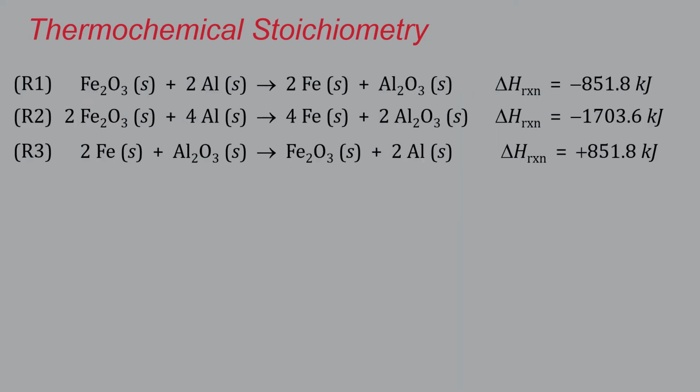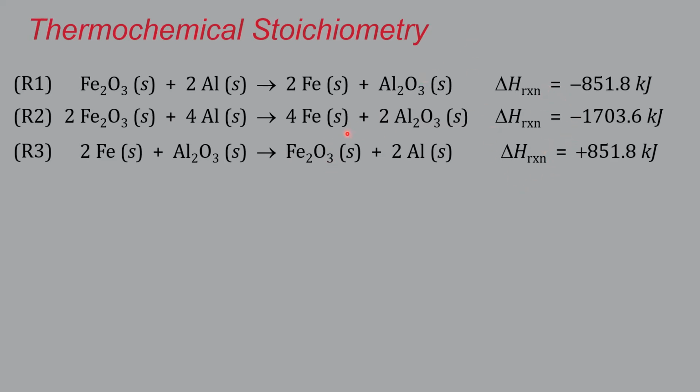All right, the next set of questions I would have asked you on this group activity would be to look at these reactions again and ask you to assess the relationship between the amounts that are reacted and the heat that's given off, and how these reactions and these numbers are related to each other.